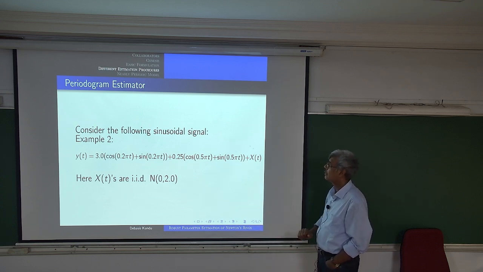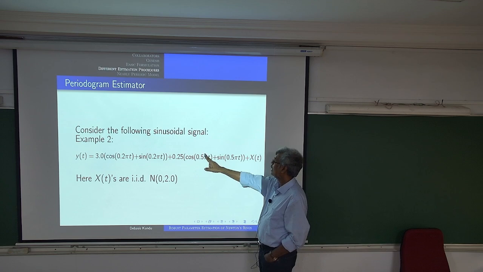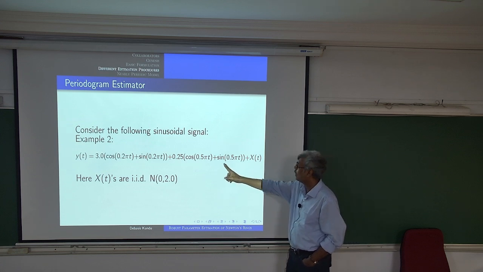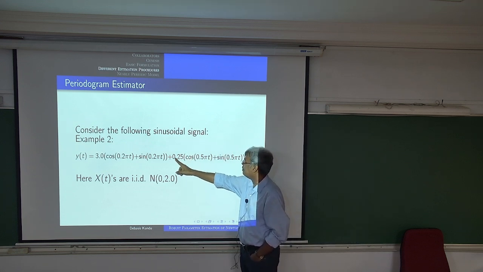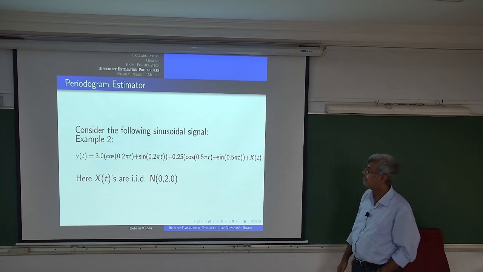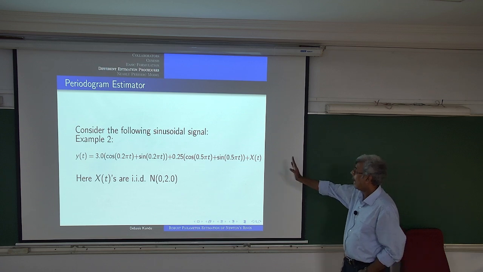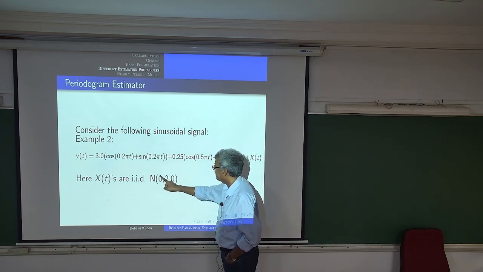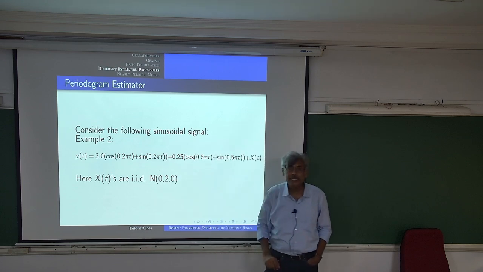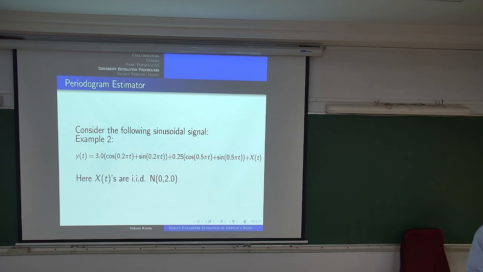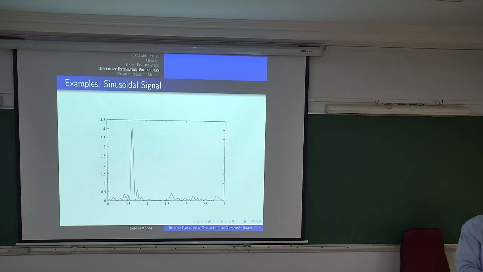Basically I have reduced the amplitude, and omega 2, which is 0.5 pi, is the same. Everything is the same except the second amplitudes. Instead of 3 I have reduced it to 0.25, and I have changed the variance. The Gaussian error I have kept, but I have changed the variance to 2.0. Instead of half I am making it 2, which is basically 4 times, and now everything has changed.